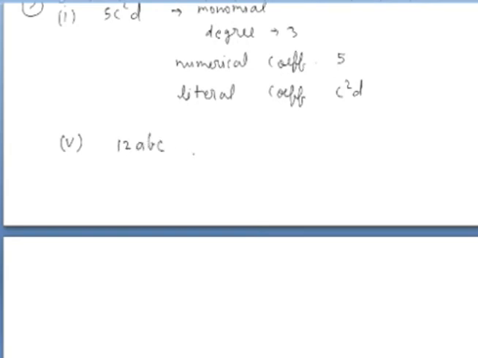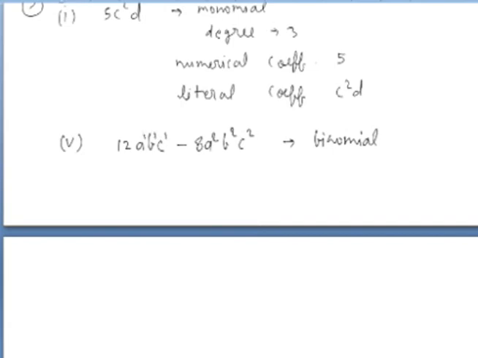12 abc minus 8 a square b square c square. Okay, so this is a binomial, because this is one term and this is the second term. Now the degree: add these exponents, 1 plus 1 plus 1, degree is 3.